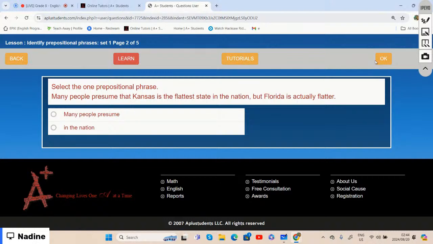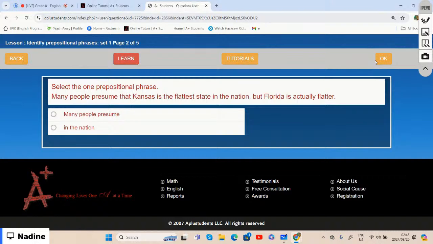The next one says select the one prepositional phrase. It says many people presume that Kansas is the flattest state in the nation, but Florida is actually flatter. So we need to select the prepositional phrase.